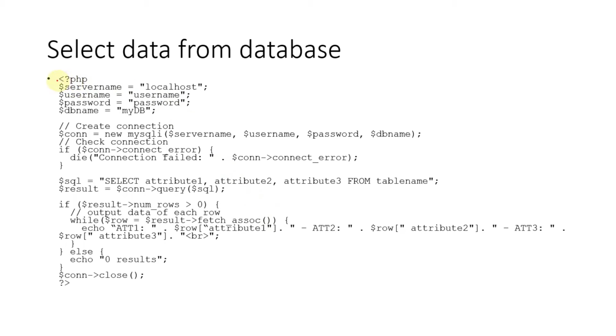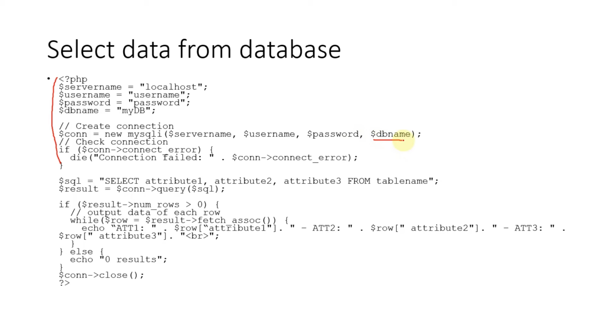First we need to connect the database, so we will use the code for connection as we have studied in the previous slide. One thing is additional here in this mysqli. I'm giving one additional parameter, that is the database name.